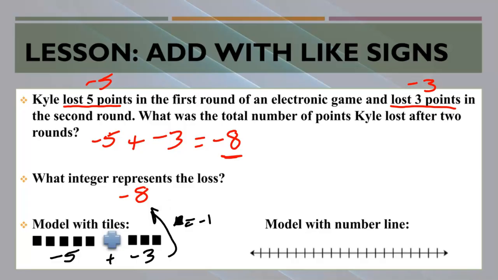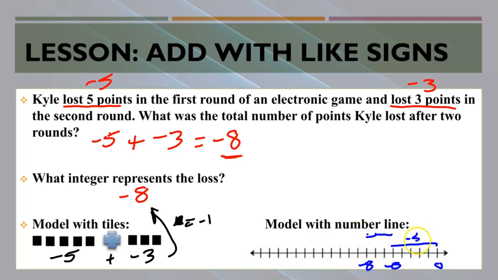If you were to do this on a number line, let's say this is 0, this is -1, -2, -3, -4, and this is -5. So they're saying go to -5, and then you go 3 more to the left, 1, 2, 3, and this is at -8.